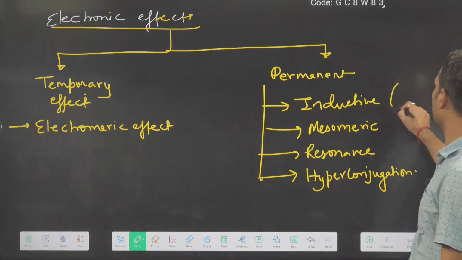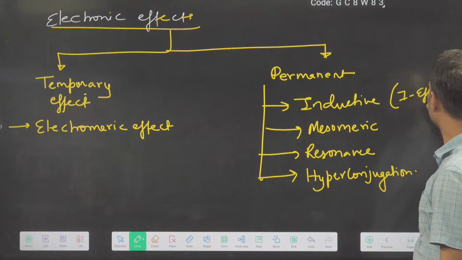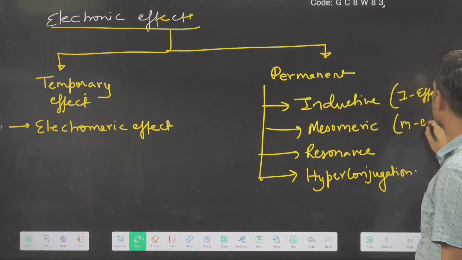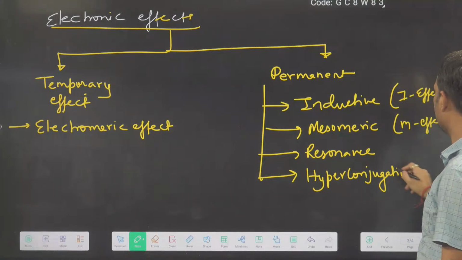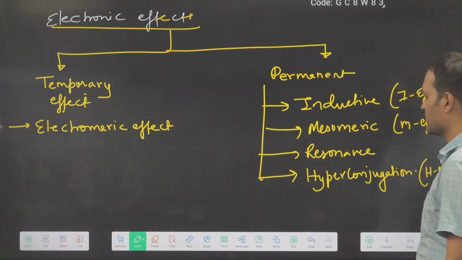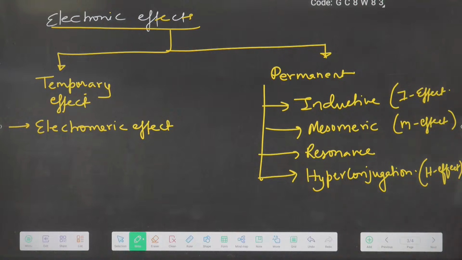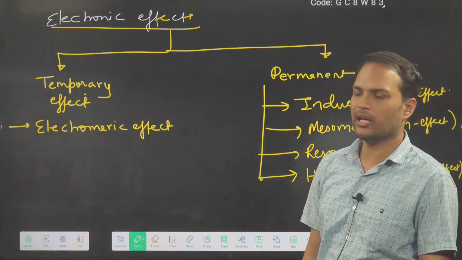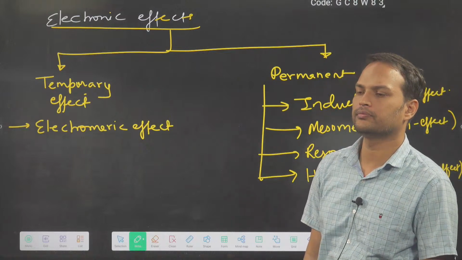They also call them I effect, M effect, R effect, H effect, like these things, na? Syllabus over for the test. Clear? I think it was till that point only.